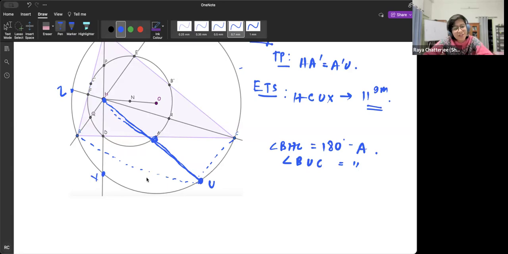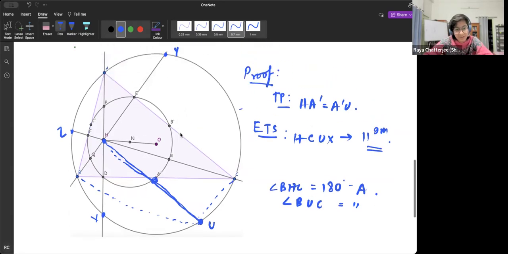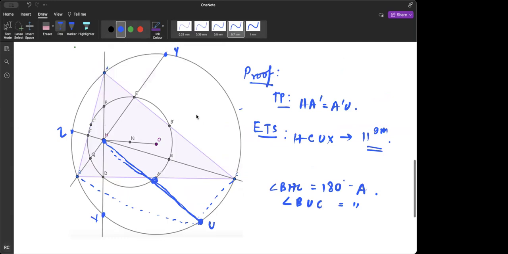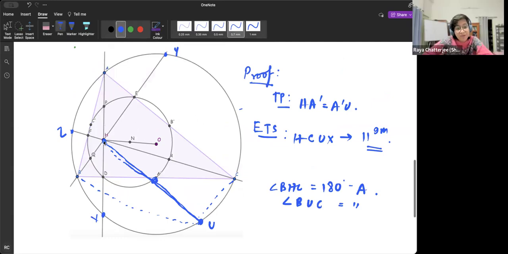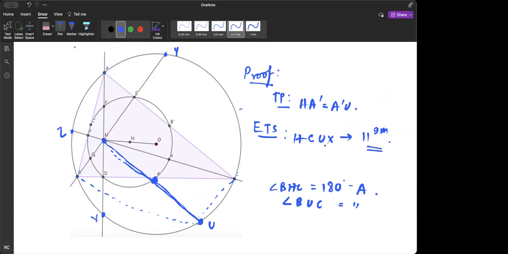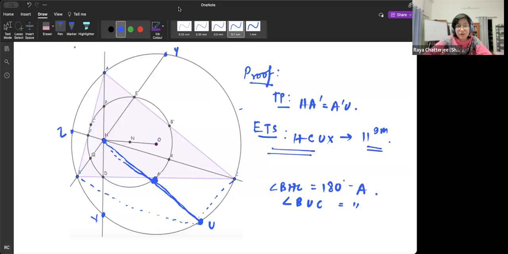Yes, it will eventually turn out to be the antipode of A, but we don't assume it to be. So what are we given? We are given that we extend HA prime, and A prime is the midpoint of BC. So we extend that and it meets the circumcircle at U. What we want to prove is that HA prime equals A prime U. And we reduced it to proving that HCUX is a parallelogram, but we are not done.